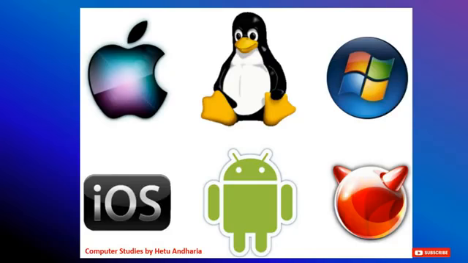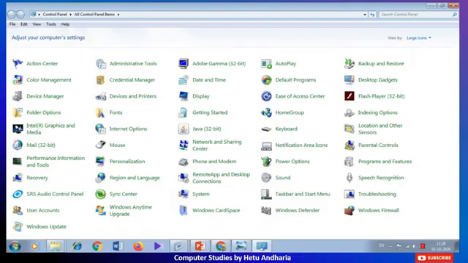So the operating system started providing a common service of handling the hardware device. What does that mean? Whenever you purchase a new printer, here is the picture of the control panel. The control panel itself, that is the operating system, provides you the facility to install any hardware in itself.